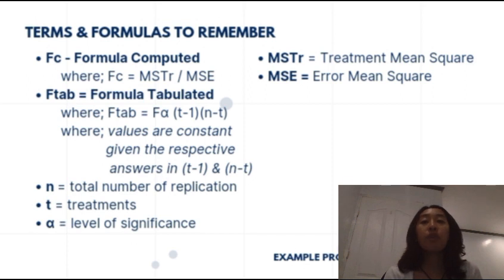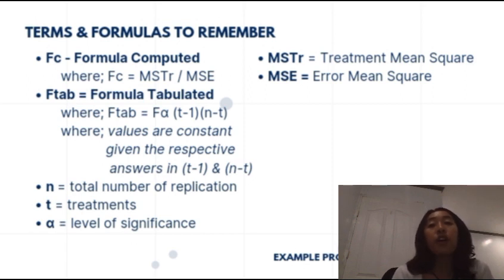So once we have gathered all those data for the F tab, we can find the values in the F distribution table, which we will discuss later. So N, as I said, is the total number of replications, T is the treatments, and then the level of significance. About the level of significance, it varies depending on the instruction of the professor or instructors, or on the standard of the institution or college.